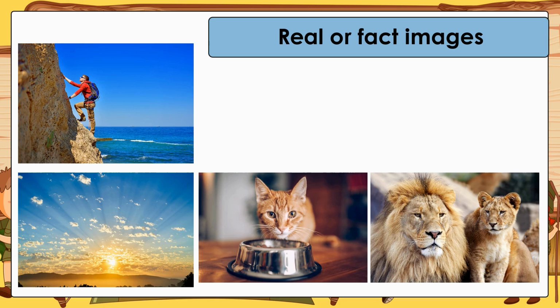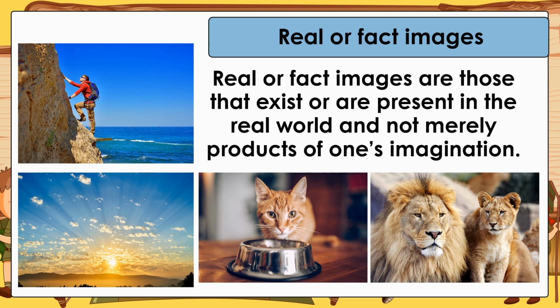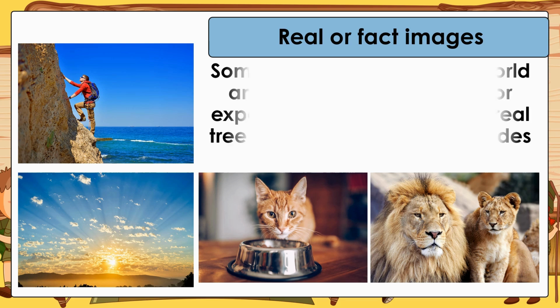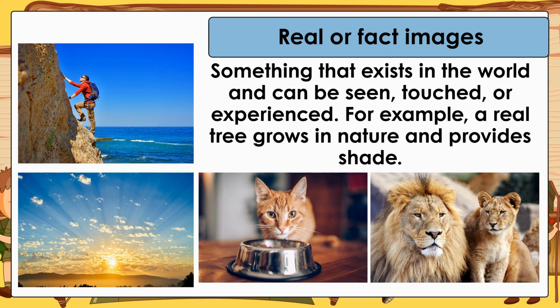Let's talk about real or fact images. Real or fact images are those that exist or are present in the real world, and not merely products of one's imagination. Something that exists in the world and can be seen, touched, or experienced.